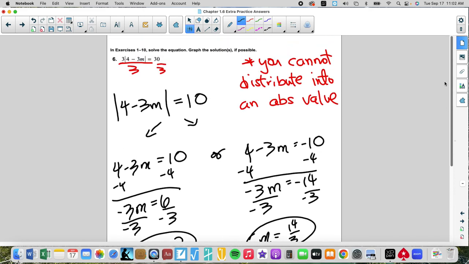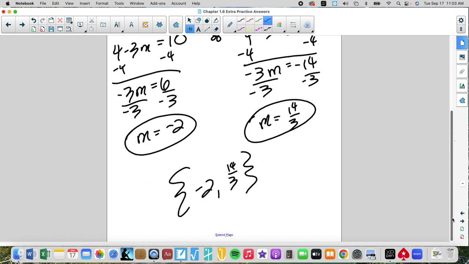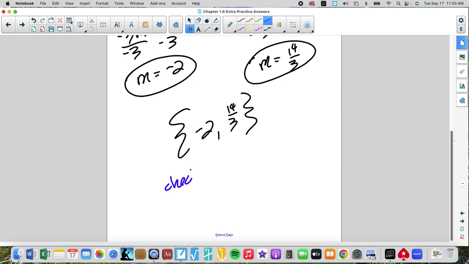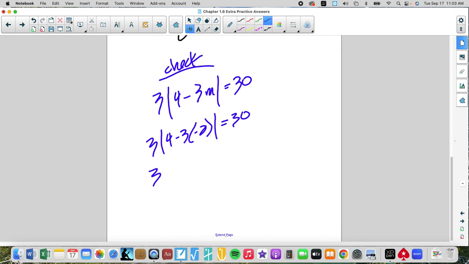So if we look at that starting statement, let's talk about checking. 3 times the absolute value of 4 minus 3m equals 30. If we plug in a -2, does the left side simplify?